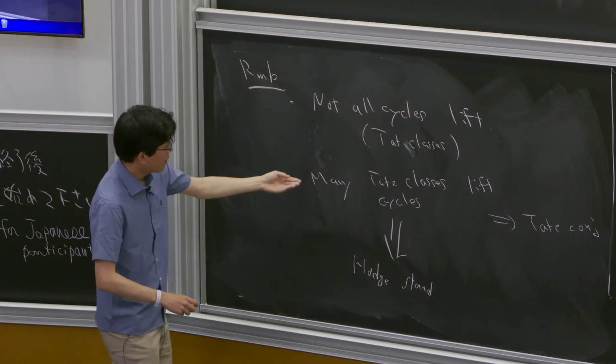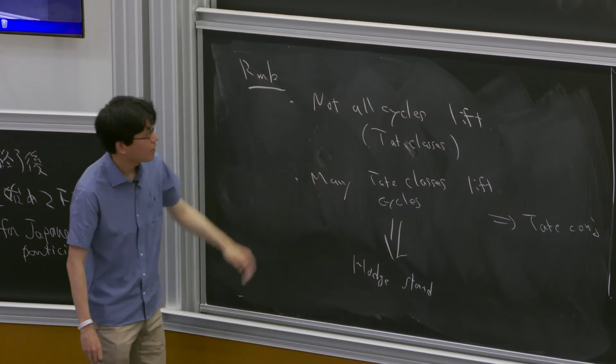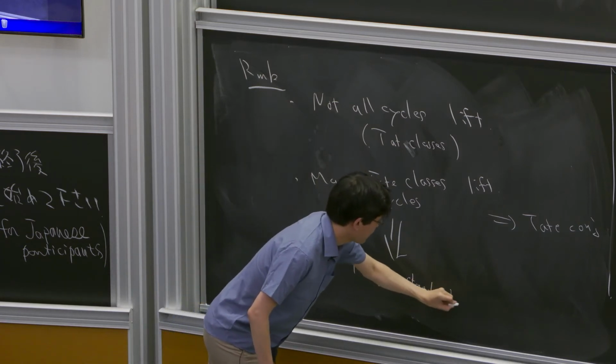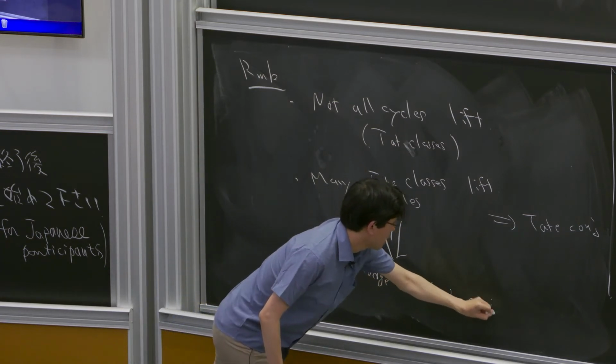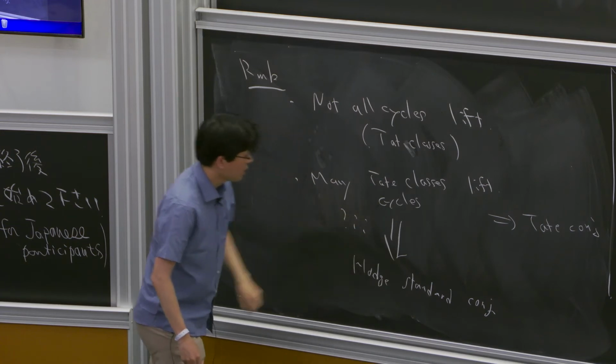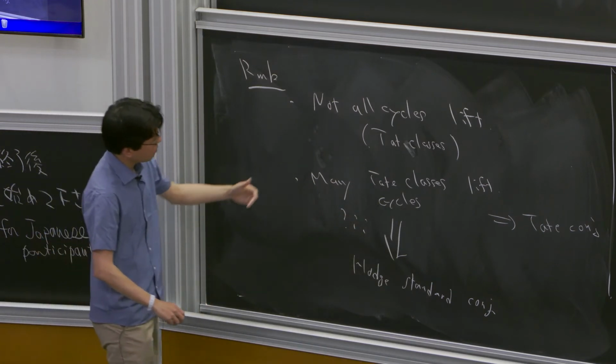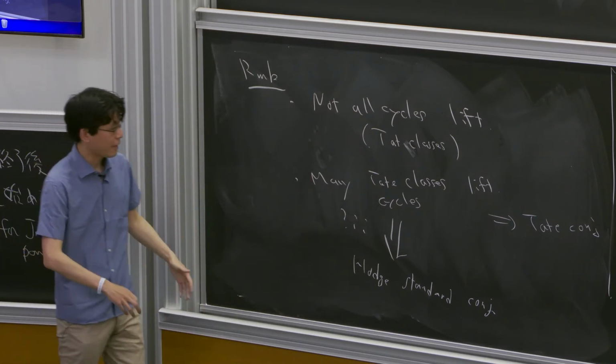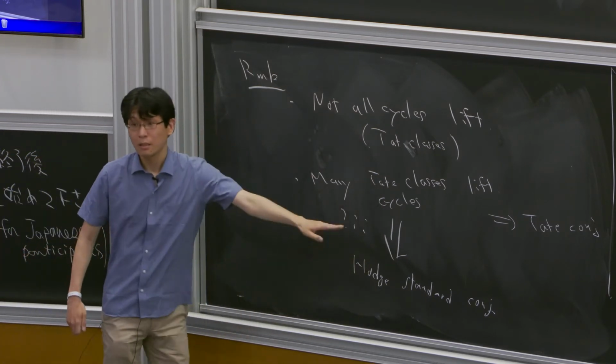And many cycles lift, but this is not quite enough to prove the Hodge standard conjecture, because not all cycles lift, and there is a subtle difference here.